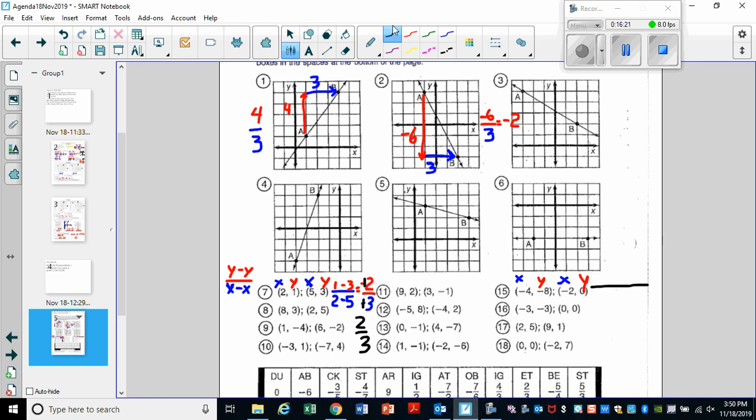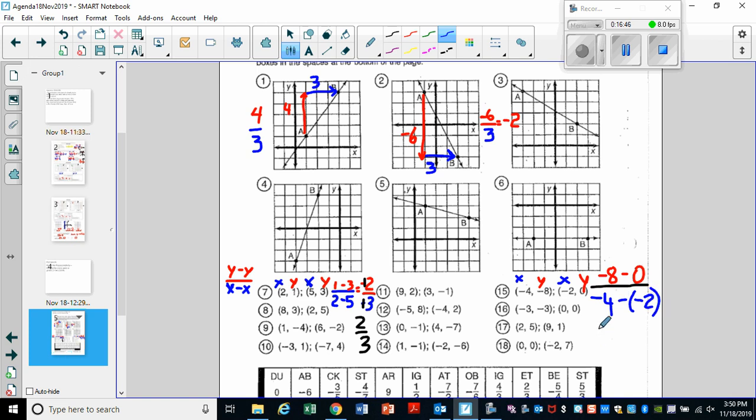The y's aren't too bad, because you have -8 minus 0. And then you have, in order, -4. But then you have a minus. You still have to do minus another -2.